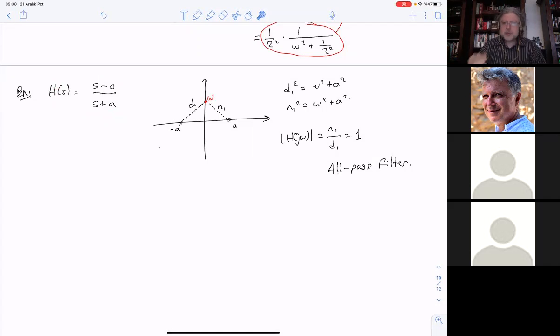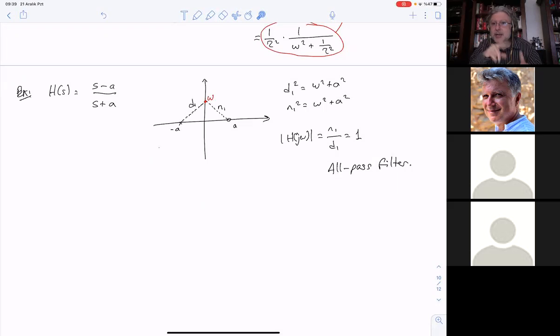For instance, if the input consists of two sinusoids, one at frequency omega 1, the other at frequency omega 2, the output will still be two sinusoids, one with frequency omega 1, one with frequency omega 2, and the magnitudes of these sinusoids will not change at the output, but their phases, their angles, their positions with respect to one another will change. It's just changing the phase.